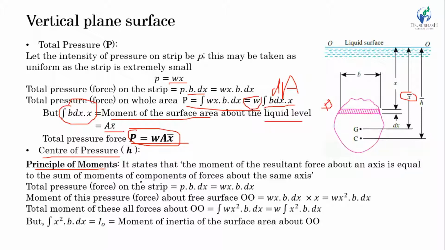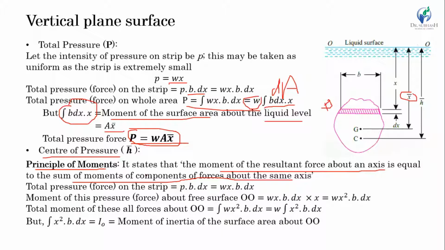So we have to equate two quantities: the sum of the moments of the component forces about the axis, and the moment of the resultant force about the same axis. We consider OO, the liquid surface, as the common axis for both cases.